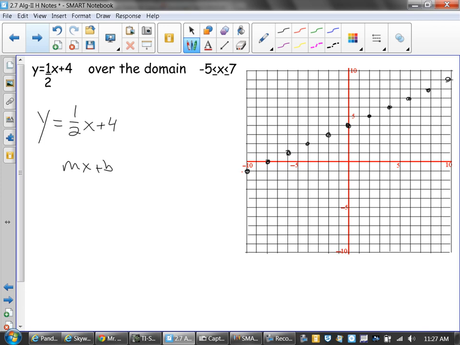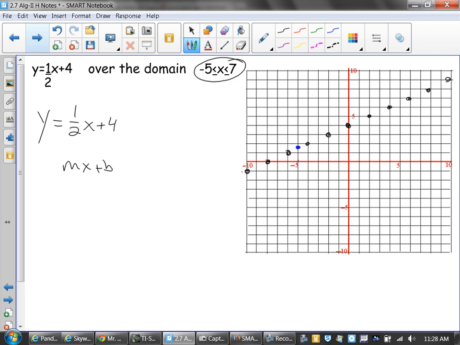Now, since I only want to look at this graph for a specific domain, I'm looking at the graph between when x is larger than -5, but smaller than or equal to 7. So that means when I go to my axis here, I look at -5. It's right here. Well, the line would be about right here. See how it's not exactly on one of my dots for the slope, but you can all see where it would fall in place?